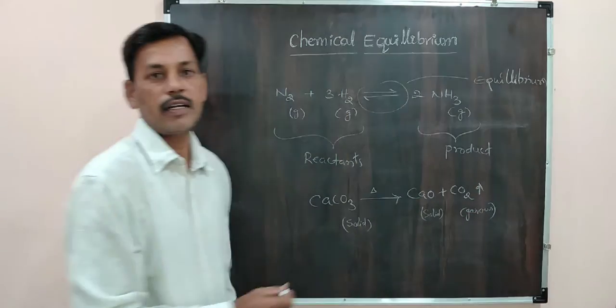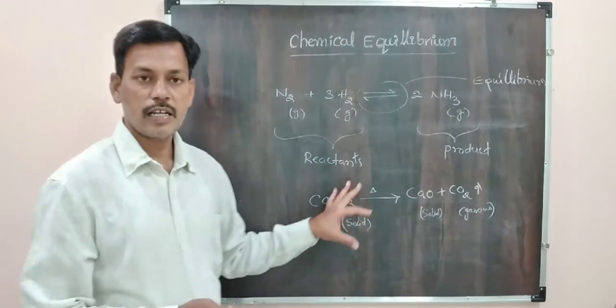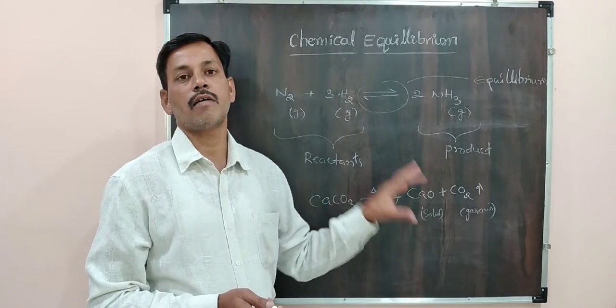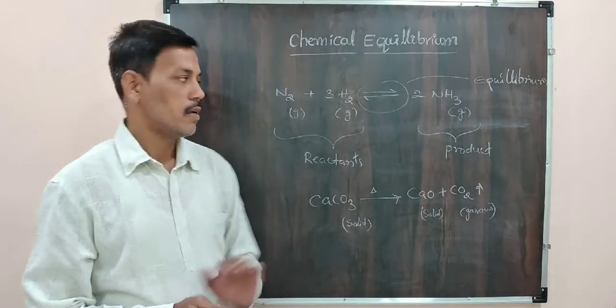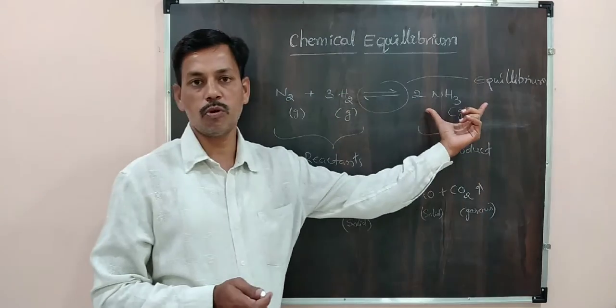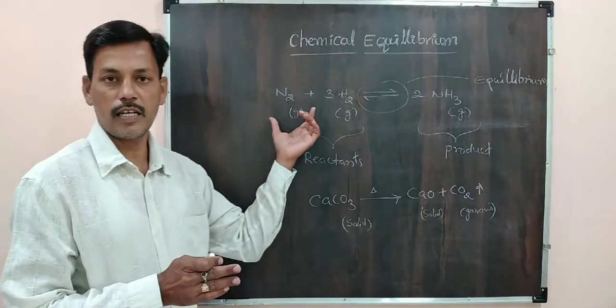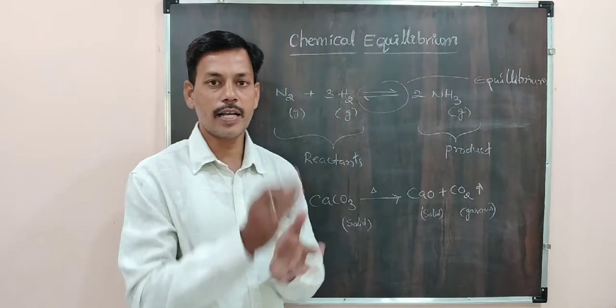This reaction can be done in a single direction, but this reaction cannot be in the state of equilibrium. But the above reaction, the formation of ammonia, can proceed in two directions, in double direction.